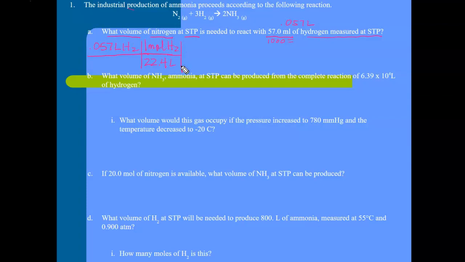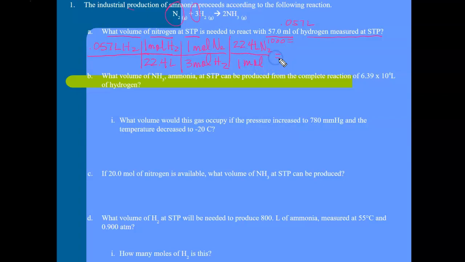So I've converted to moles of hydrogen. Now I'm going to use my mole ratio, which is 3 moles of hydrogen, and I'm going to solve for nitrogen, which means I have 1 mole of N2. And I'm going to end up multiplying by 22.4 liters of nitrogen at the end.